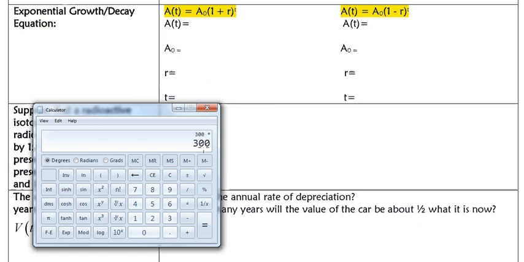Remember the 15% of this was 45, and 300 plus the additional 45 gave us 345. Notice we can multiply it by 1.15, so that 100% plus the 15% that it's being grown by gives us the 345. So we can just jump there, and that's what's going on inside here.